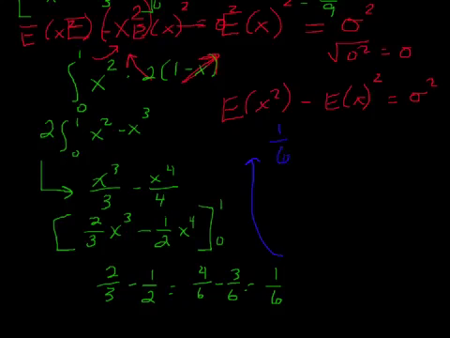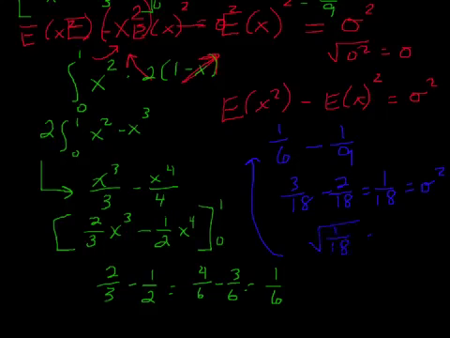From the previous screen, my expected value of x, only that quantity squared, was 1/9. Remember, we got 1/3 and we squared it. Common denominator, 3/18 minus 2/18. So we get 1/18. That's our variance, but I asked for standard deviation. The last thing you have to do is take the square root of that.